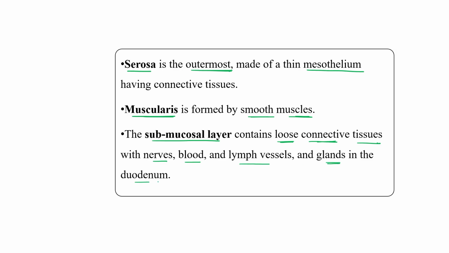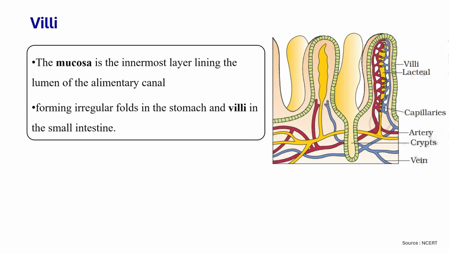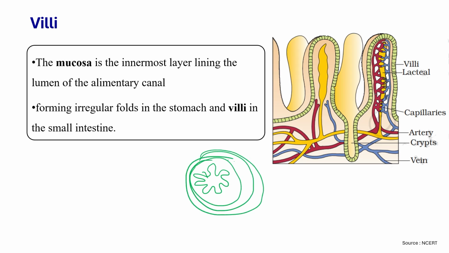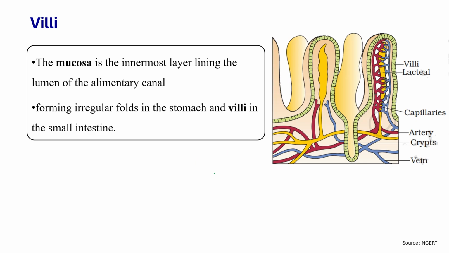These glands are present in the duodenum region. And at the mucosa level, you can see this type of structure, which is known as villi. These projections are known as villi.